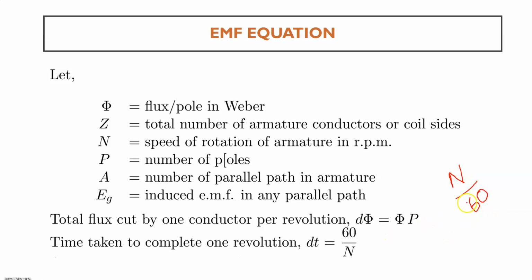Then time will be the inverse of RPS, which is equal to 60 by N. So N is the speed in RPM, N by 60 is the speed in RPS, and the time for one revolution will be equal to 60 by N.